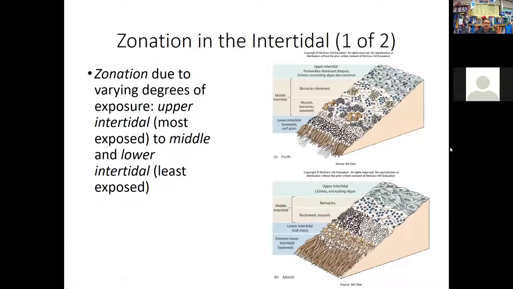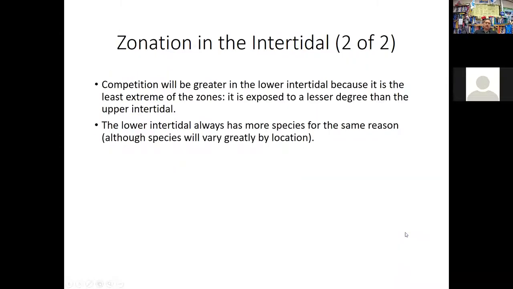That's because you're going to have more exposure in the upper intertidal to the air and to a higher temperature. Mostly the lower intertidal is going to be underwater most of the time and relatively longer than the upper intertidal. So you can see a different mix of organisms that you would expect in all these different layers.